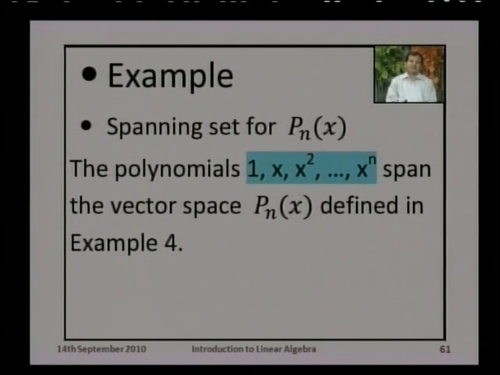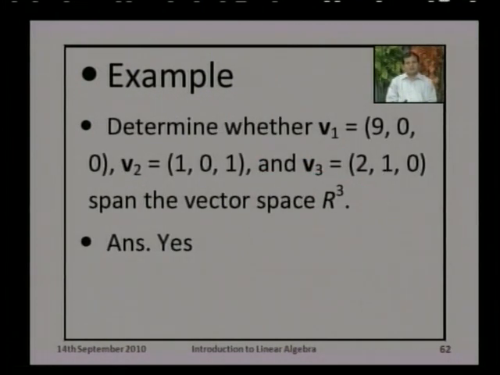If we take all linear combinations of these, that is the span of these, then you can check that we get the vector space P_n(x). This is very simple because any polynomial in P_n(x) looks like a0 plus a1 x up to an x^n, and that is nothing but a linear combination of these vectors, and therefore this is the span of 1, x, x squared, ..., x^n, and we get P_n(x).